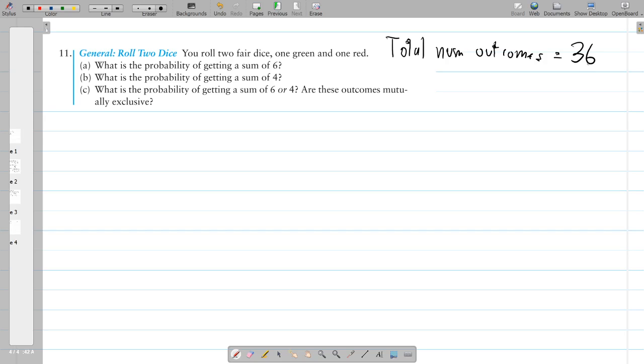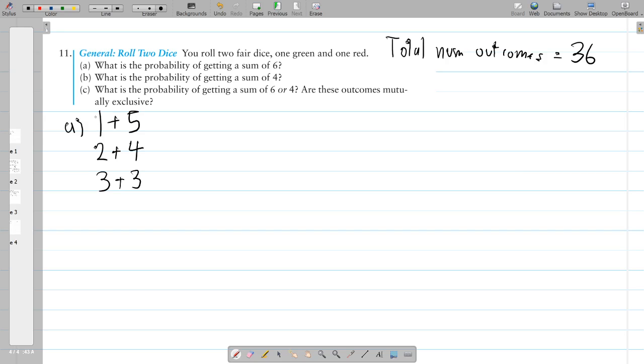So I want to figure out how many outcomes are favorable for A. How many ways can you get a sum of 6? The dice are 1 through 6, so we could do 1 plus 5 gets me to 6, or 2 plus 4, or 3 plus 3. Now the order matters.